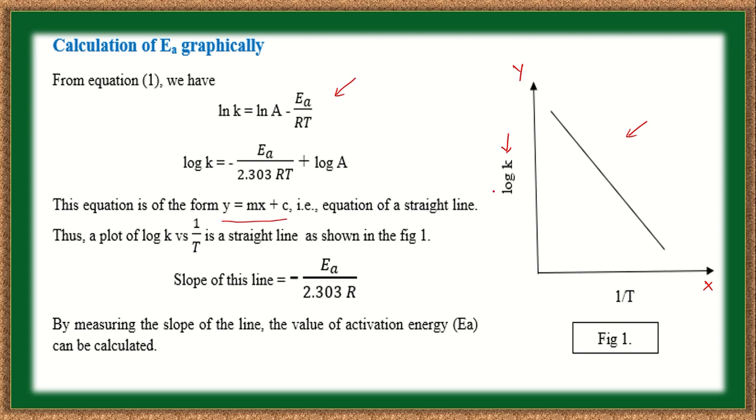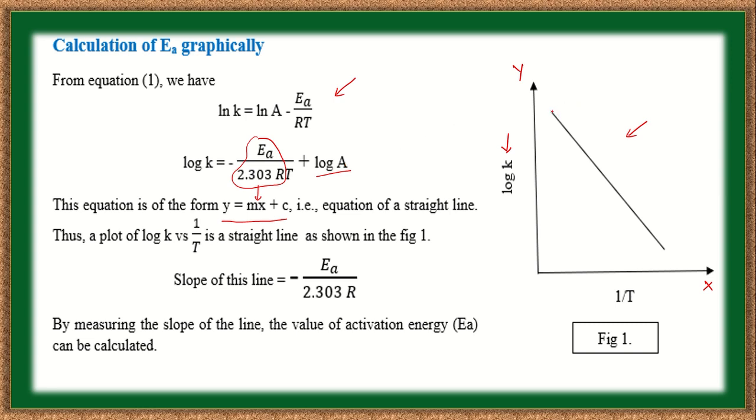But the slope will be negative and the slope will be equal to minus EA by 2.303 R, which represents m. m is the slope of this line and c is the intercept, that c is equal to log A here.